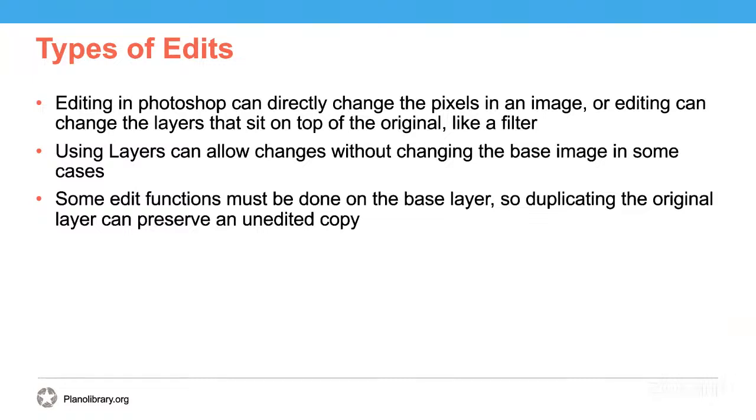Using layers can allow changes without changing the base image in some cases. Some edit functions have to be done on the base layers or destructive editing. So duplicating the original layer can preserve the unedited copy. Putting a layer on top of the base, your original image, can allow you to make changes without actually editing your base image as well. But that's something we'll look at in the demonstration.